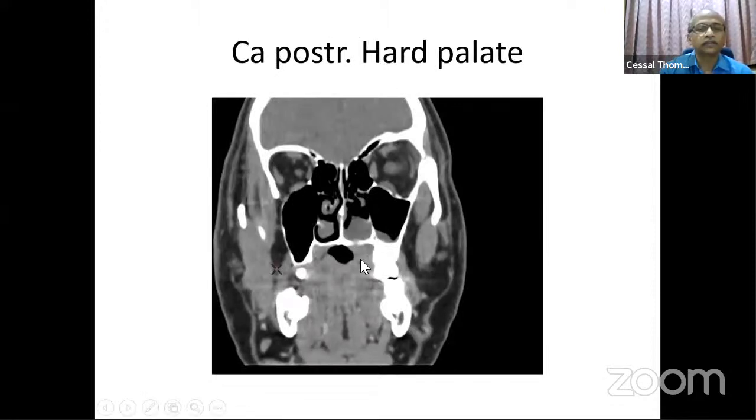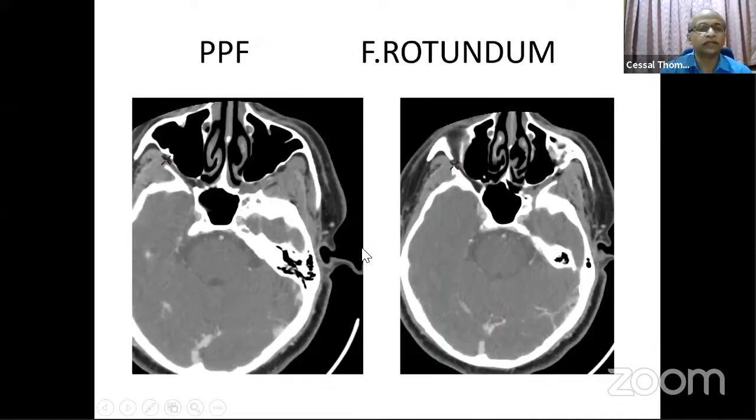So here, an enhancing lesion in the hard palate. There is a very high chance of involvement of the palatine nerves. So I have to look for the pterygopalatine fossa.